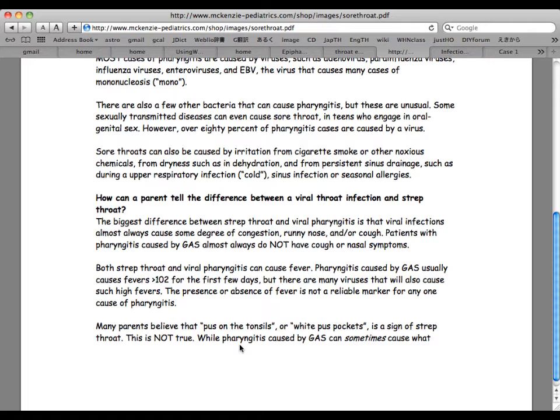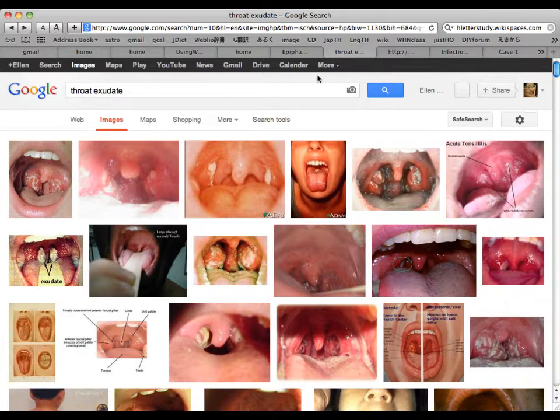Okay, this isn't going to help us exactly because this is not strep throat, but we're not really talking about a disease, whether it's strep throat or what it is, at this time 20 years later when he gets these exudates.